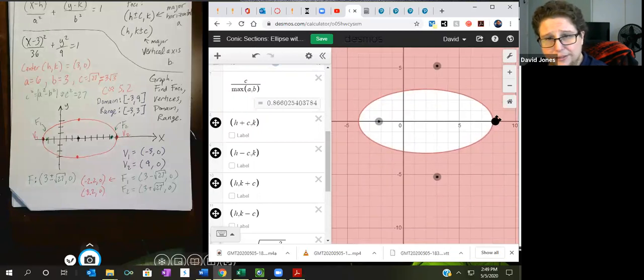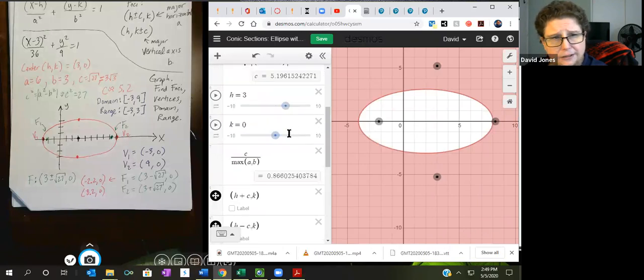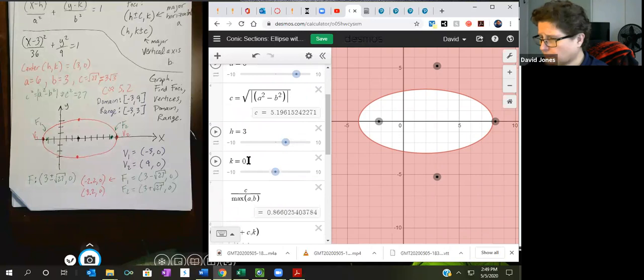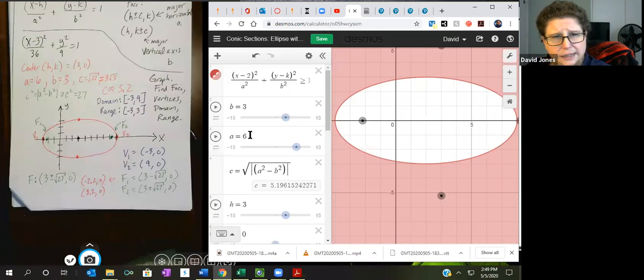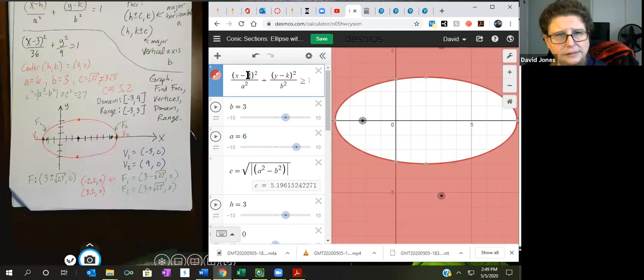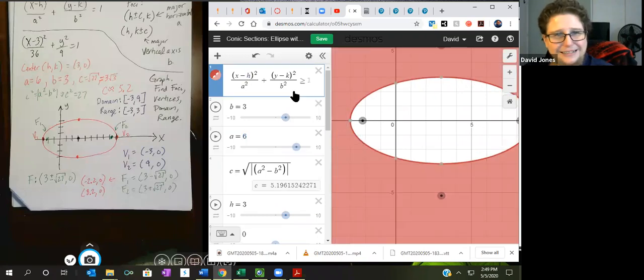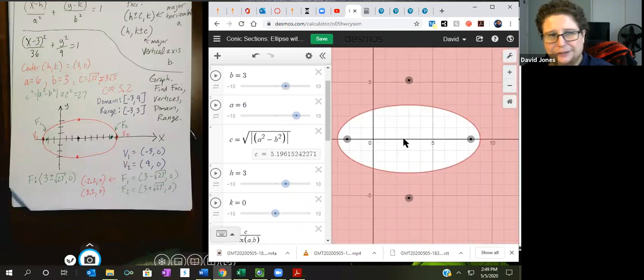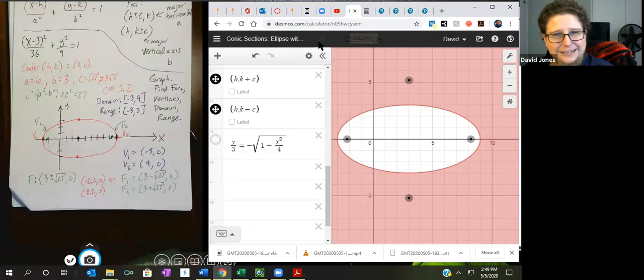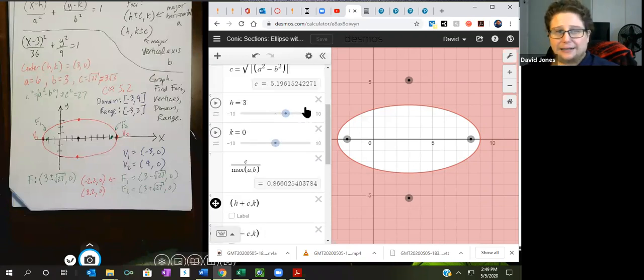These are supposed to be my foci. Did I put the wrong value? h is 3, k is 0. It's not centered at 3 though. Do I have the wrong a in? Oh, I have a 2 up there. There we go. Okay, that's better. Sometimes you got to tinker with these to get the graphs just right. Once you have them, saving them makes them really fun to play with later on. A lot of learning going on here.